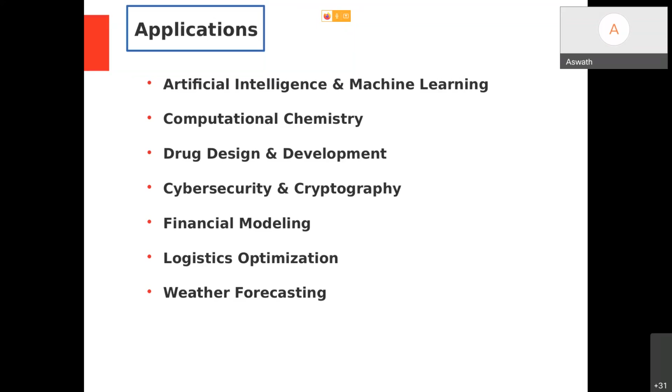Okay, testing, right? So you can do it model wise and accelerate the testing process and come up with the results in a much quicker fashion. So computational chemistry and drug design development is one of the application areas of quantum computing.